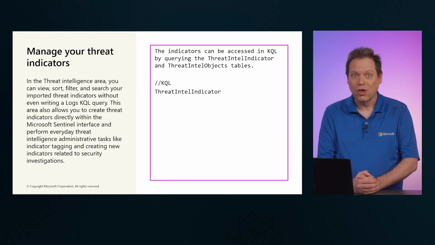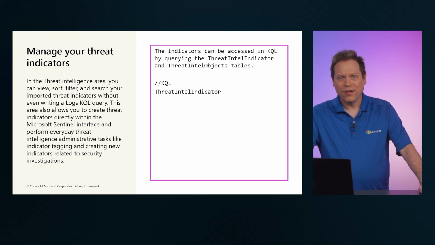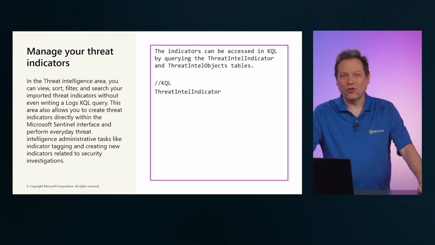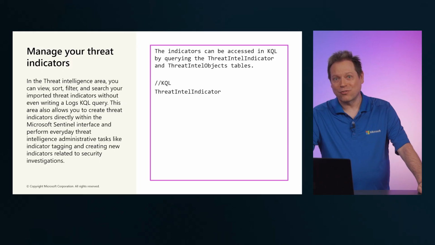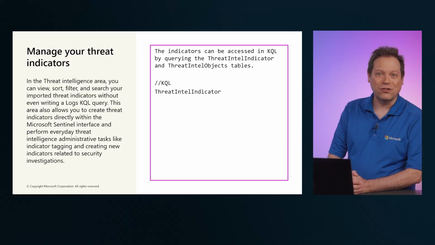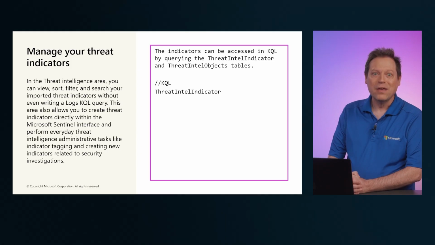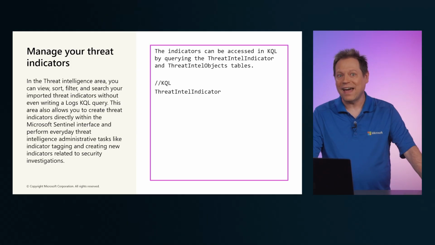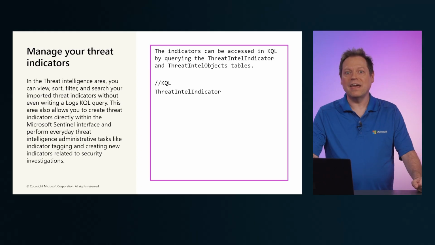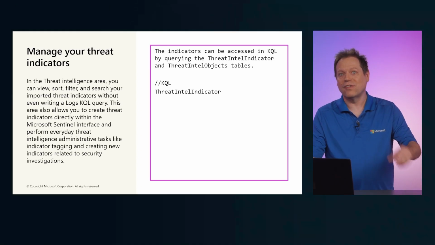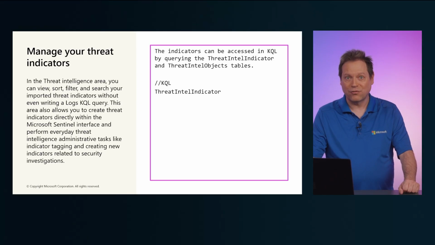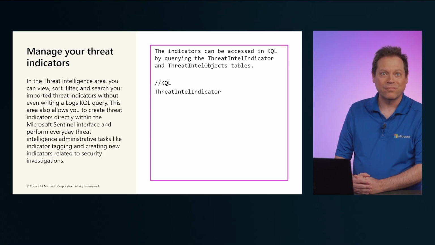In the threat intelligence area, you can manage your indicators without having to write a log query first. You can view, sort, filter, and search important indicators. And you can also create new indicators directly within the Sentinel interface. This supports day-to-day tasks like tagging indicators and creating indicators as part of an active security investigation.